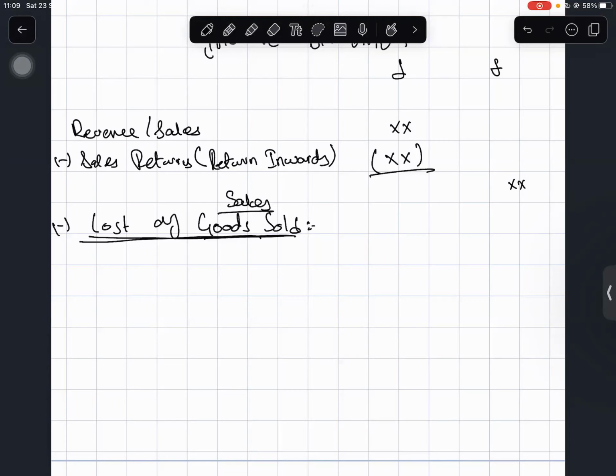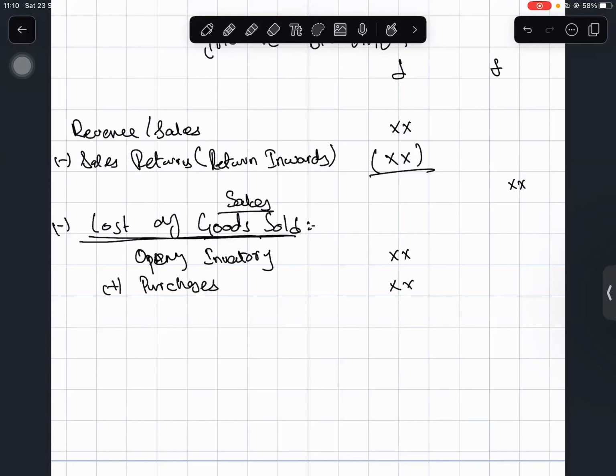Now, in order to calculate the cost of goods sold, we have a few things which we do. We firstly write the opening inventory, whatever that may be. Then we add to the opening inventory the purchases.